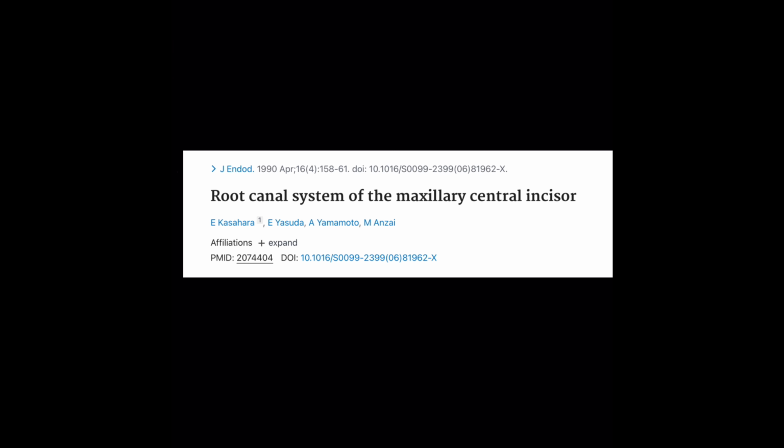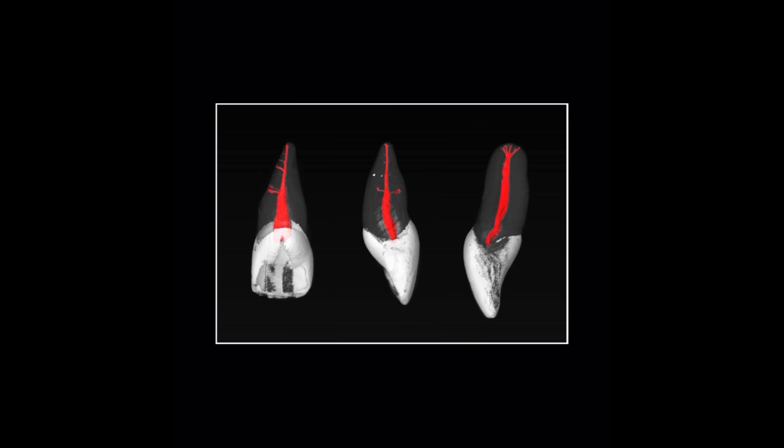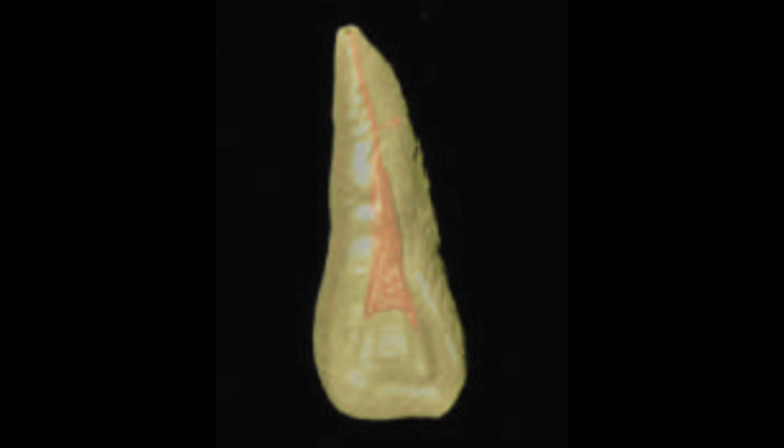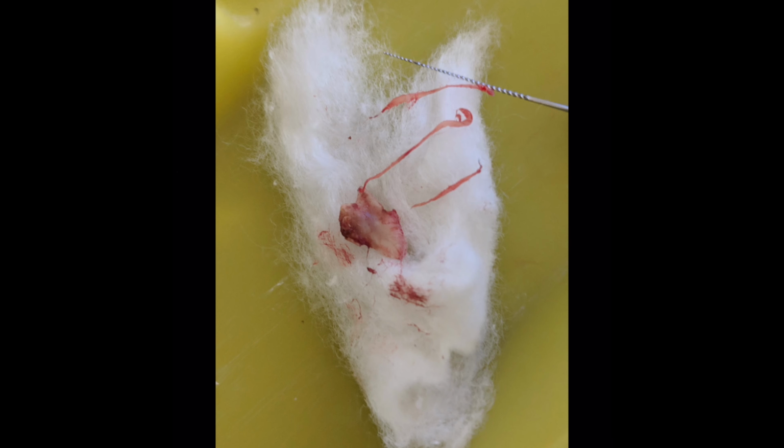Also, Kasahara et al. have done a study and they found that the central incisors have about 49% lateral canals and 12% ramifications in the apex. And only 38.6% of the teeth had just one canal. What do we get from this?